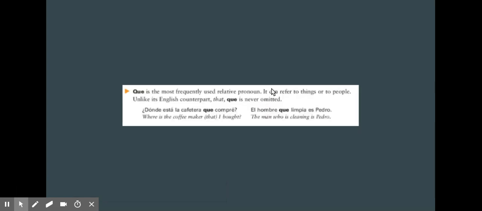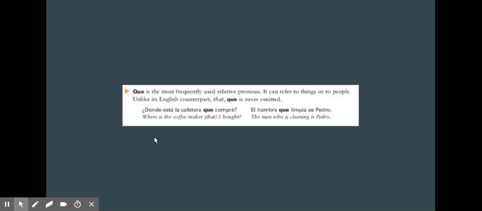The chair that my parents gave me, la silla que mis padres me dieron. So que is the most frequently used relative pronoun. If you're ever in doubt, just put que, and more often than not, you'll be right, because it can refer to both things and people.